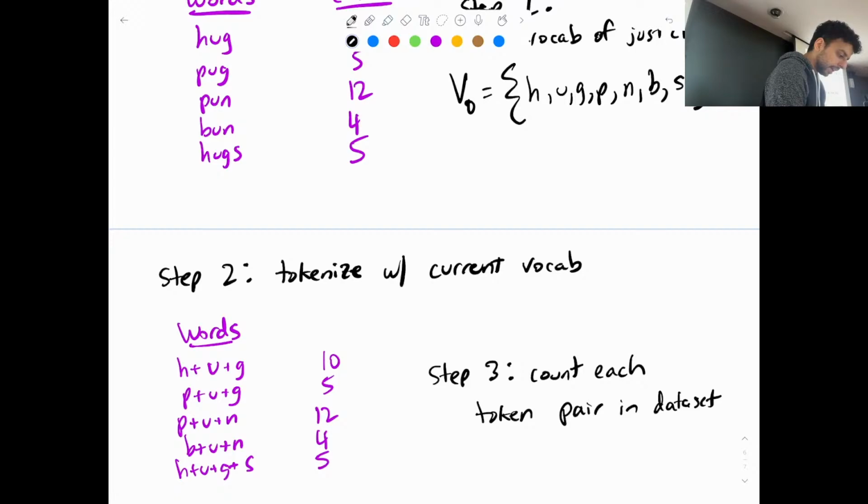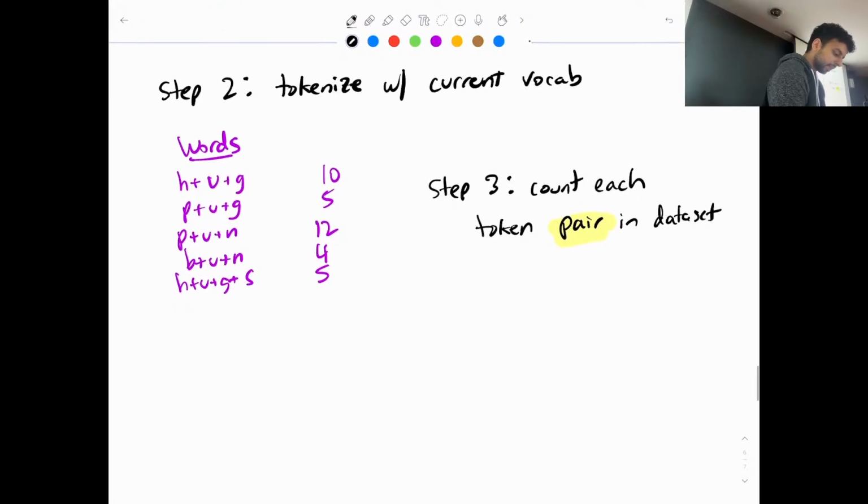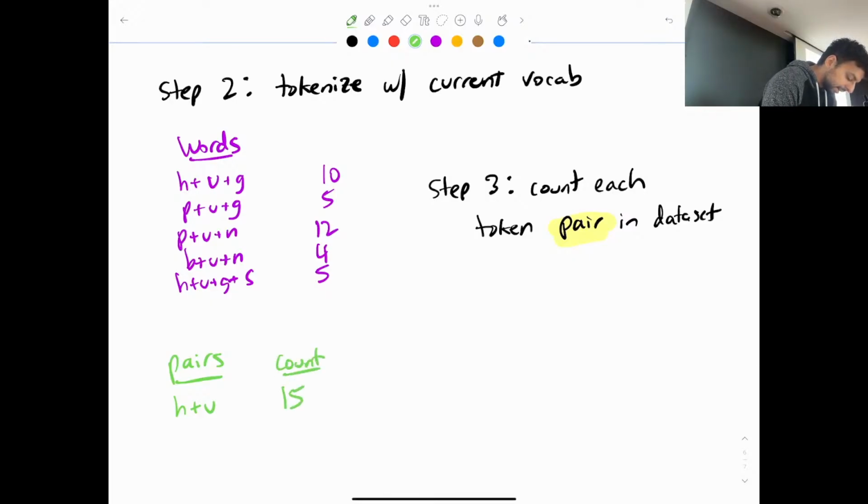Note that here we're interested in pairs of tokens. So what does that mean? If I make a new list, maybe I'll use green, pairs. The first pair I see is H plus U, and this occurs 10 times in hug and 5 times in hugs. So it occurs a total of 15 times.